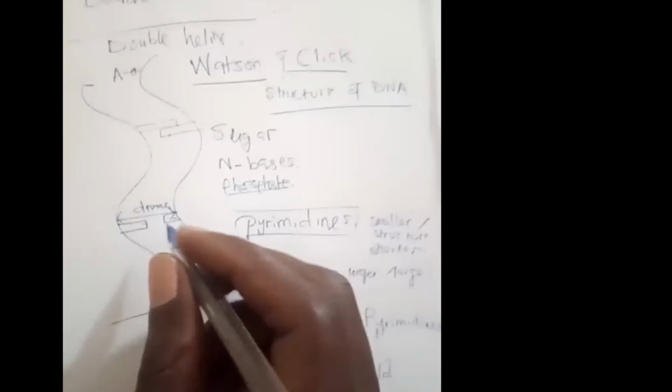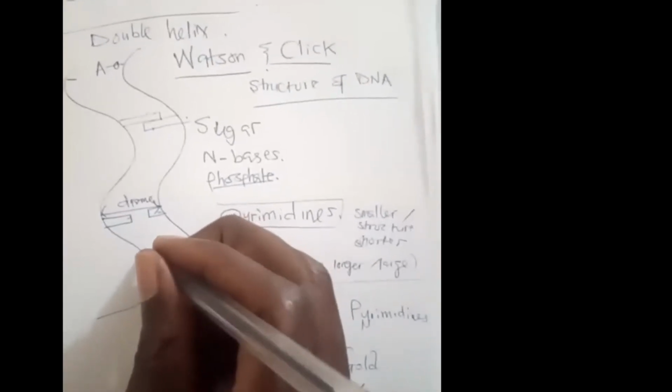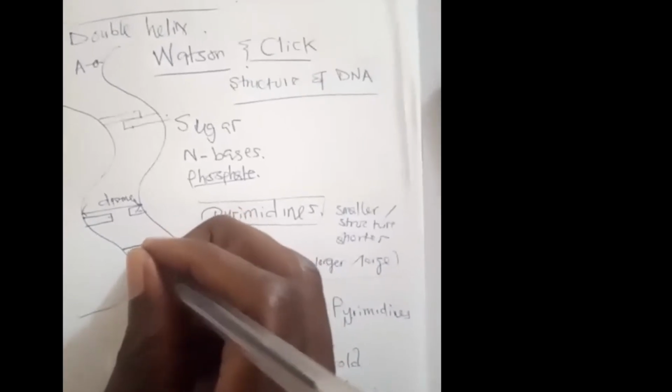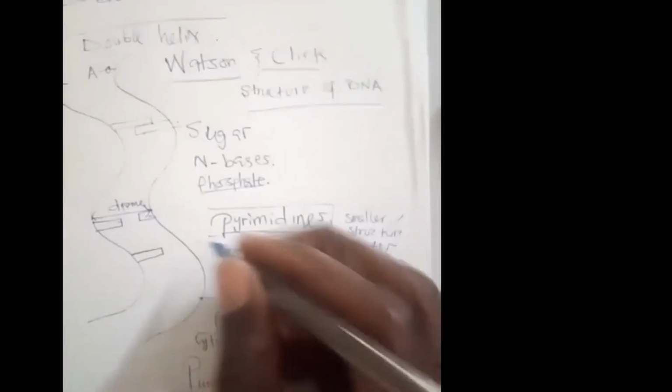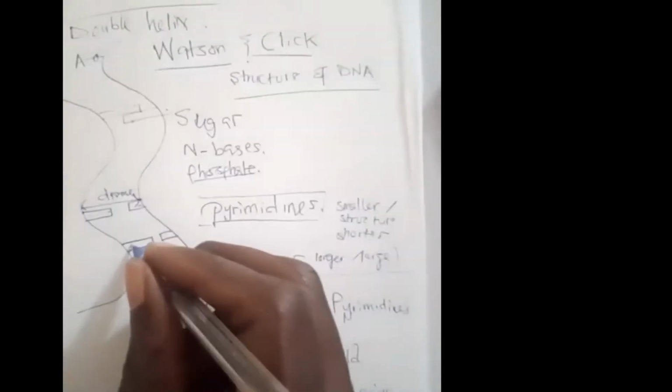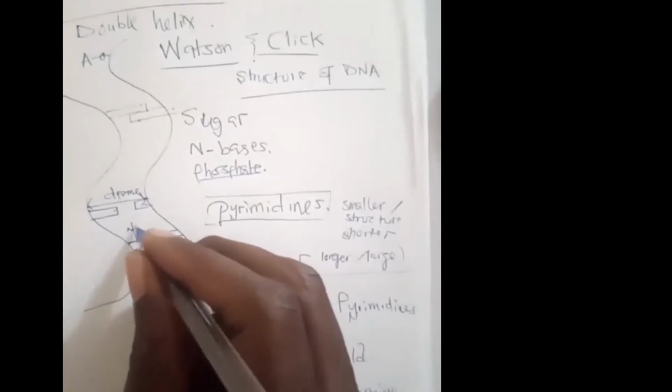So what Watson and Crick discovered was that a purine, which is longer, should be paired with a pyrimidine, which is relatively shorter. So you've got one nitrogenous base, and I'm using NB for nitrogenous base.